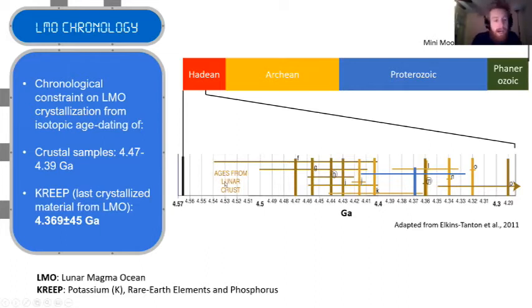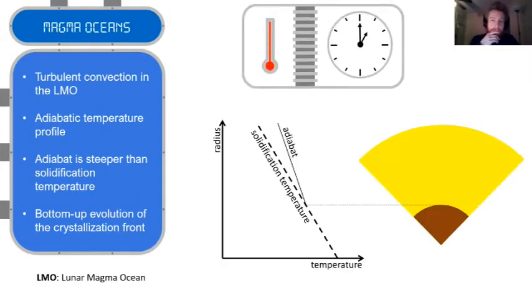So now I would like to present a few of the typical physical processes that you expect to take place in the magma ocean. So I will start with the general picture of the magma ocean. When you're thinking about a magma ocean, you have to picture something really liquid undergoing turbulent convection, as a result of which you have an adiabatic distribution throughout the magma ocean because it's so well mixed.